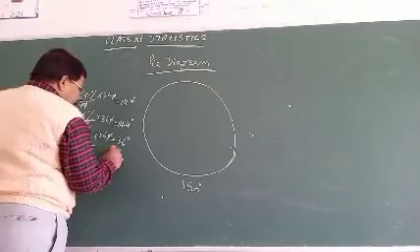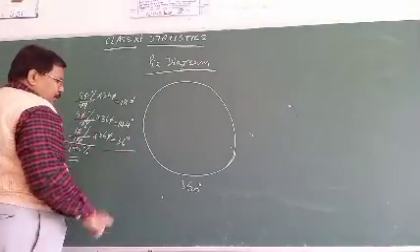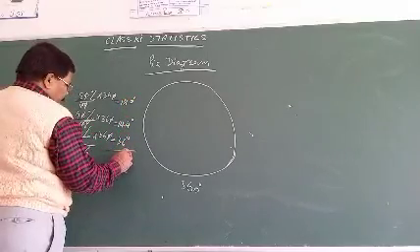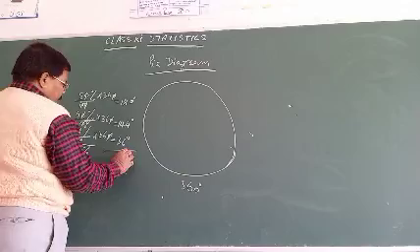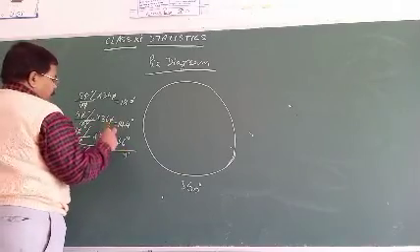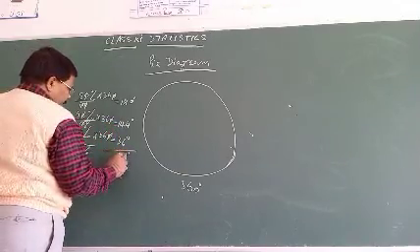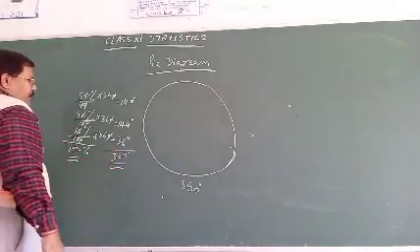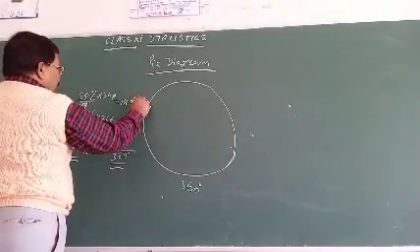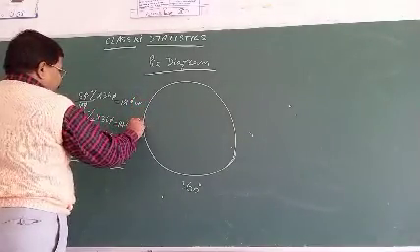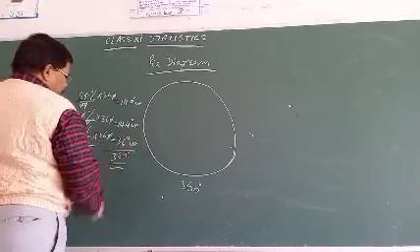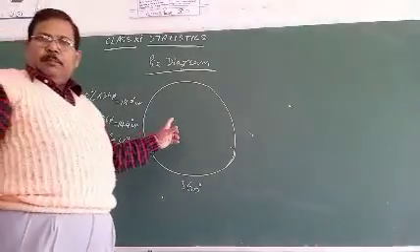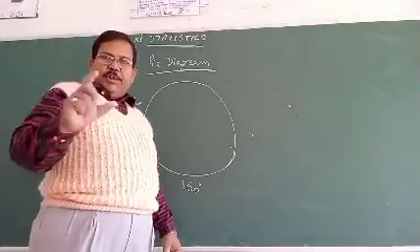Add them, you will get 360 degree. That means we have calculated these degrees correctly. Now present it with the help of protractor.